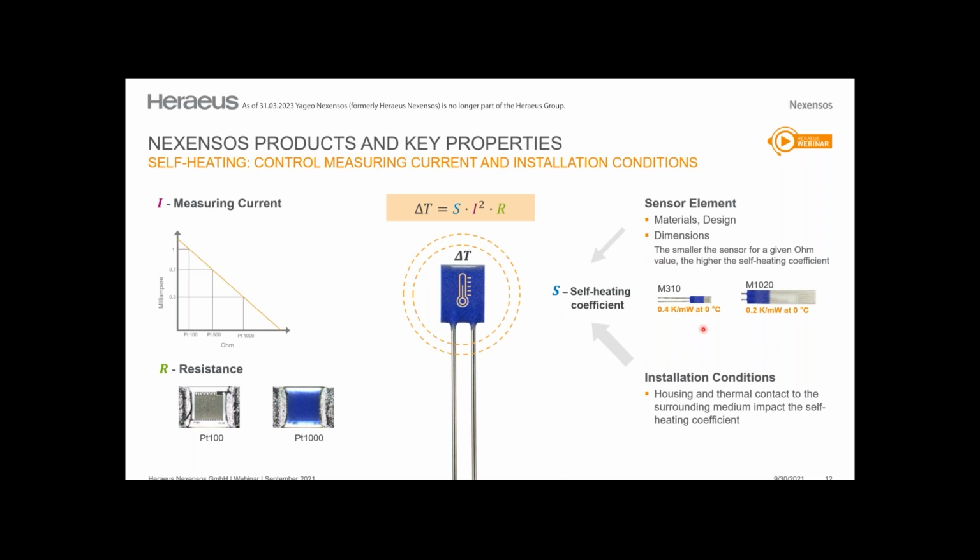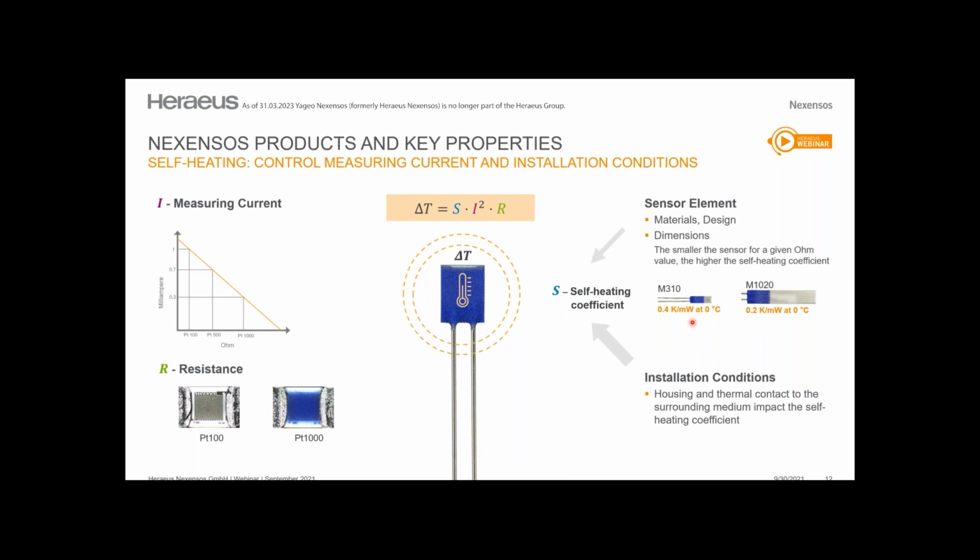Just an example here, if we compare an M310 and an M1020, both with the same nominal resistance, for example a PT1000, and we apply the same current, then the smaller M310 sensor has a higher self-heating coefficient and would therefore heat up faster.